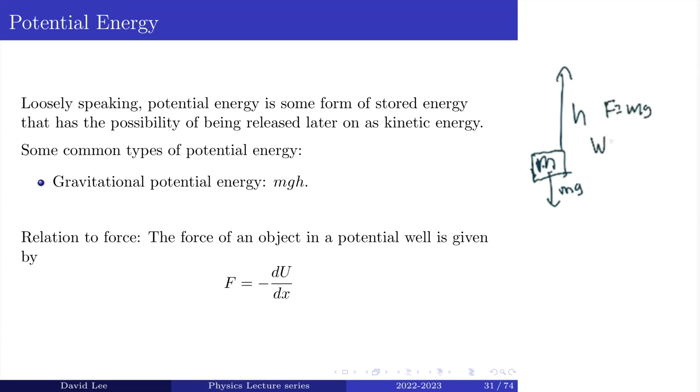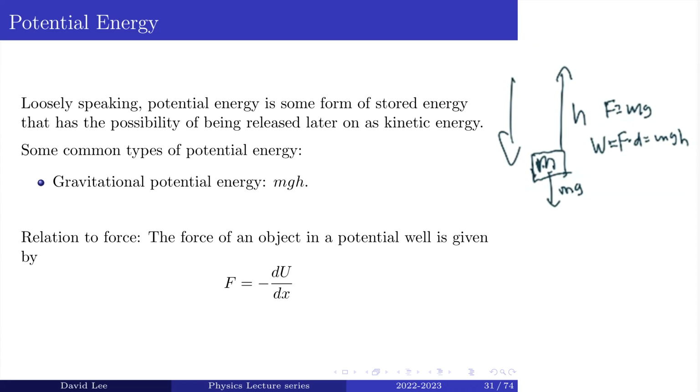And so the work is the force times the distance, which is mgh. And so we are storing mgh energy, which will be released later on if we drop the block. If we drop the block, then the energy will be released as kinetic energy.